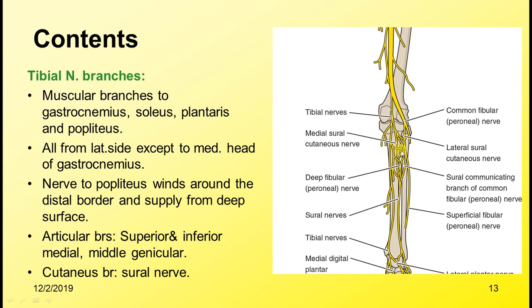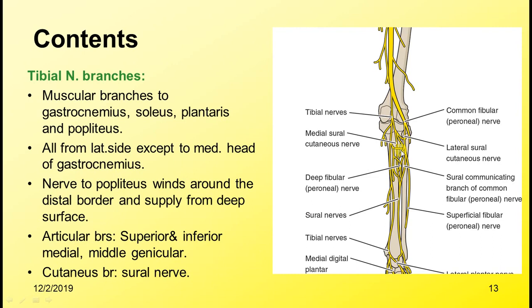The nerve to popliteus, apart from that, also supplies your tibialis posterior muscle, superior tibiofibular joint, interosseous membrane, then inferior tibiofibular joint, and it also gives a nutrient artery to the tibia.